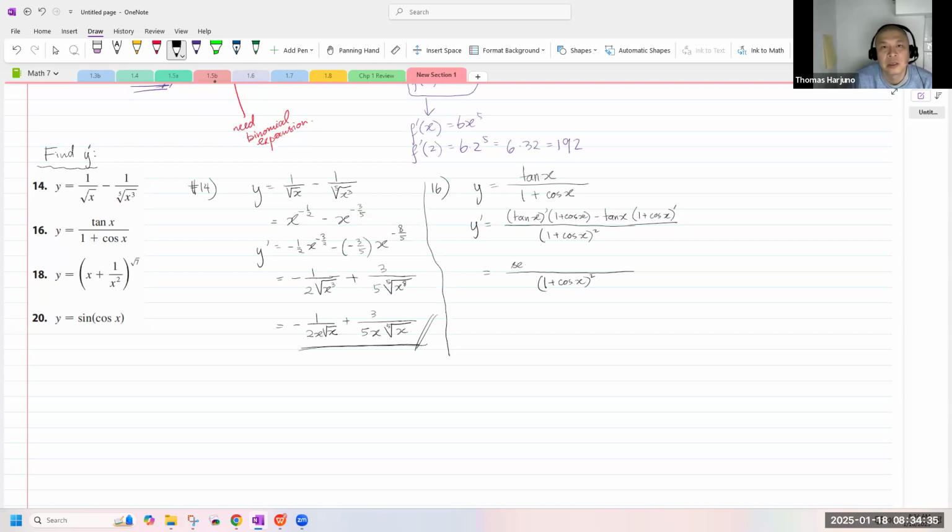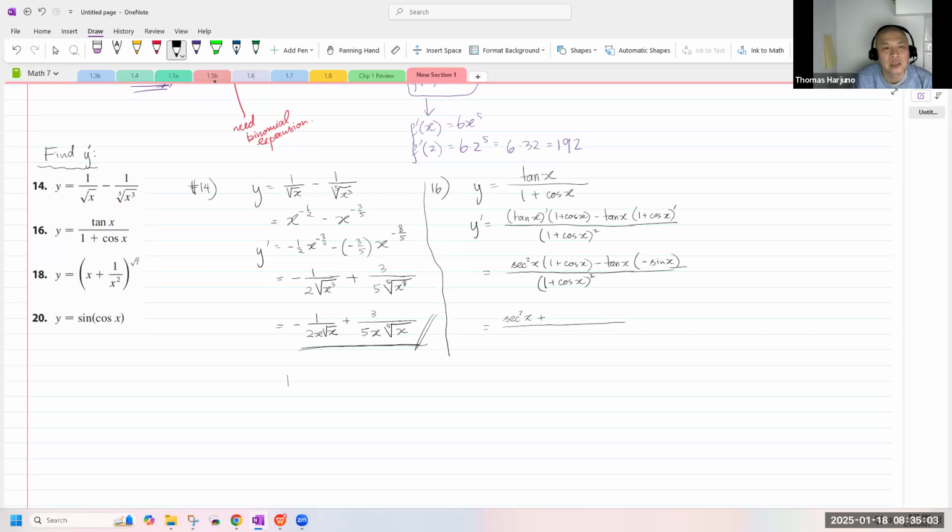This is secant squared x times 1 plus cosine x, minus tangent x times negative sine x, right? Now then, in the next step, I will simplify. So secant squared x times 1, that's secant squared x, plus secant squared x times cosine x is what?